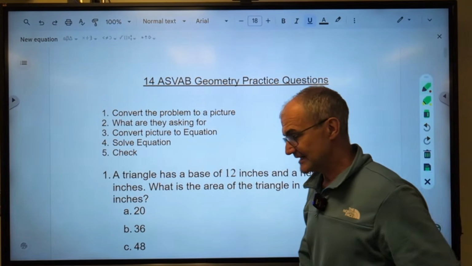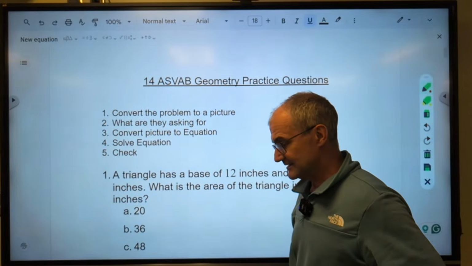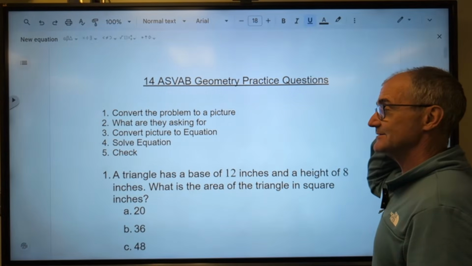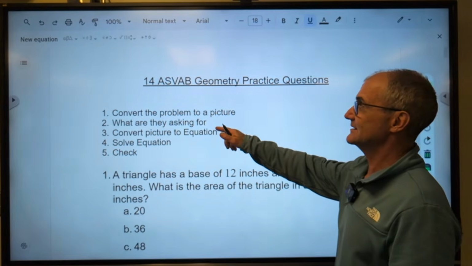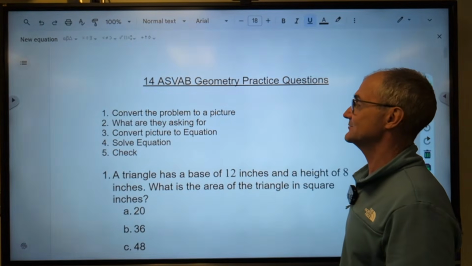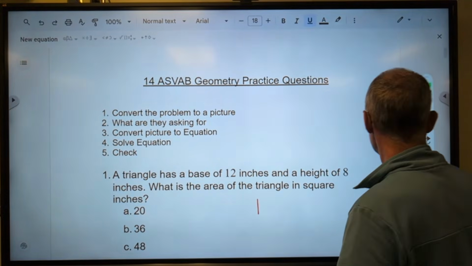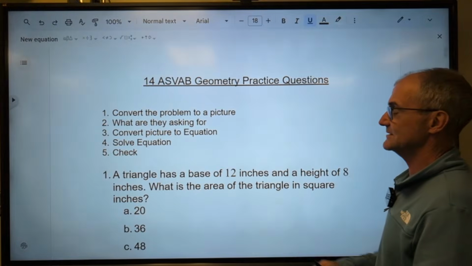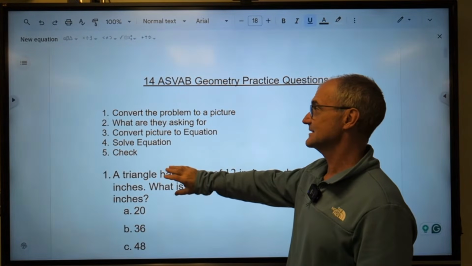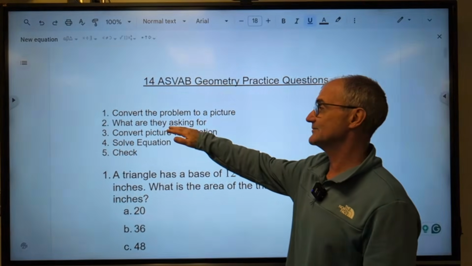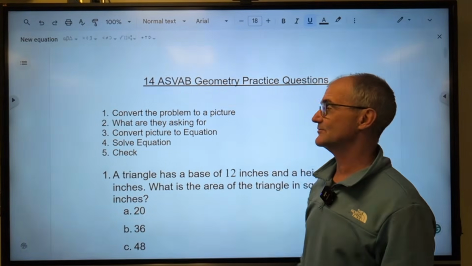Okay, so with all that said, I'll go ahead and get started. What I would do right here is take down these notes. What we're working on today is geometry practice problems. And my 5-step process is: first, you want to take that sentence and convert it to a picture. Then you want to identify what it is that they are asking for.